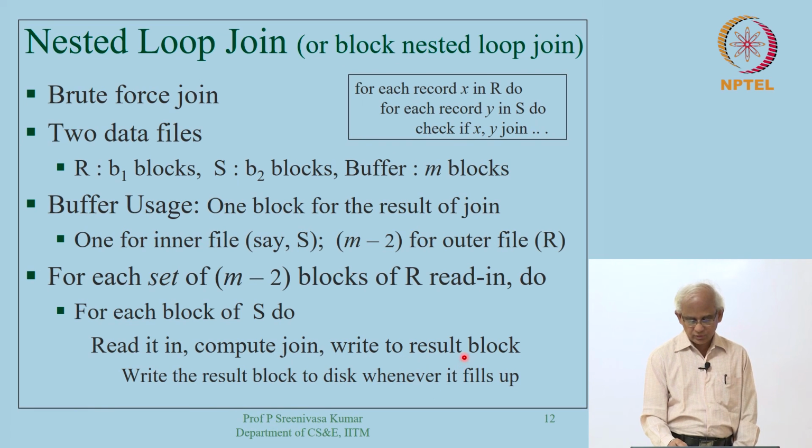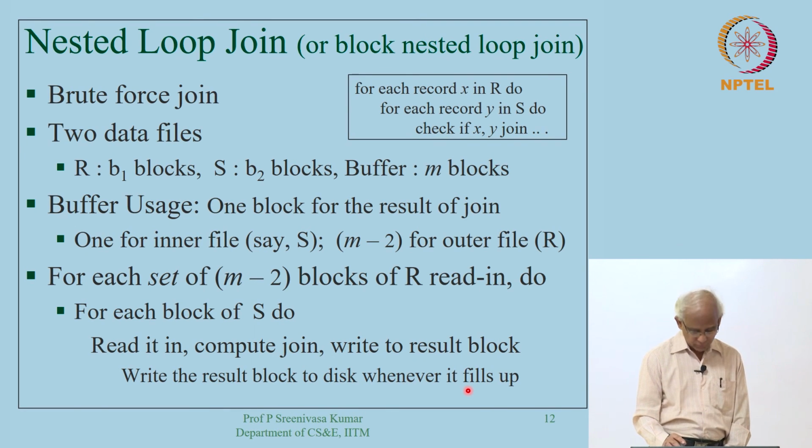Write the result to the in-memory block temporarily, and as soon as the block fills, you can write it back to the disk. So that is how the block nested loop join will work.